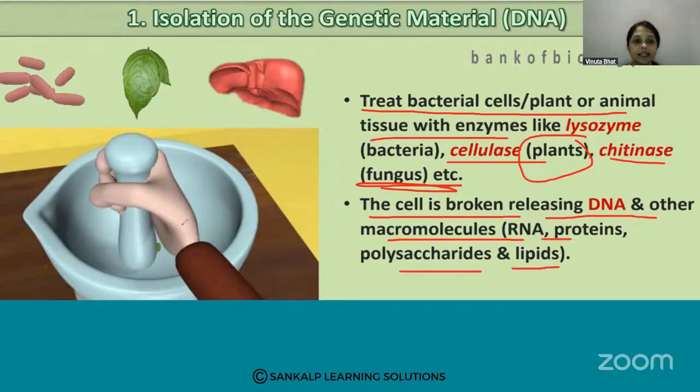Okay, see here, you have to treat the bacterial cell. If you are taking the bacterial cell, you have to treat it with lysozyme enzyme. If you are using the plant, cellulase. If you are using fungal tissue, you should use chitinase enzyme.